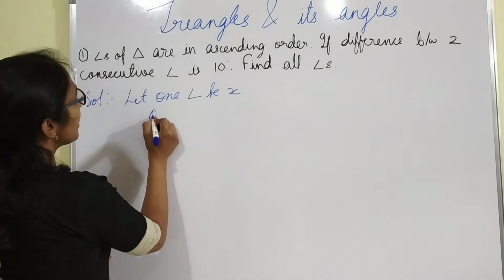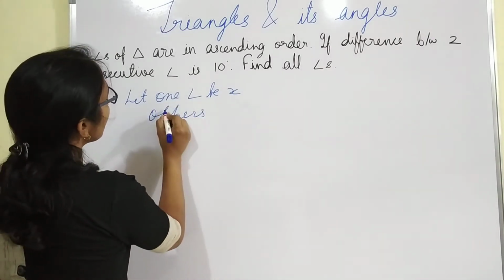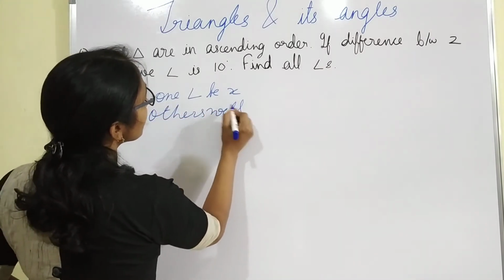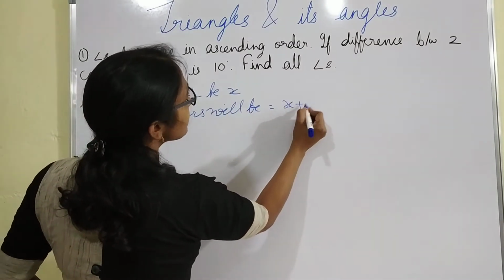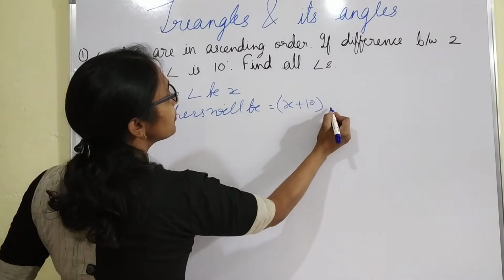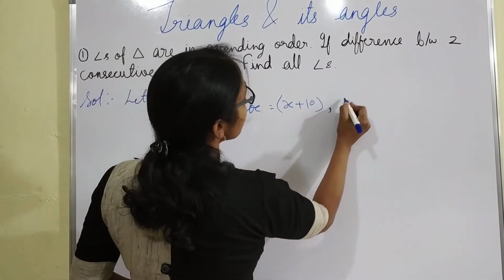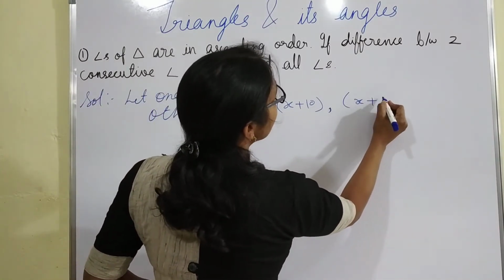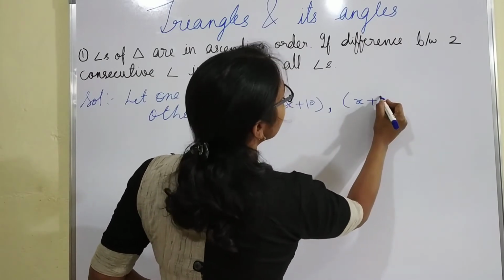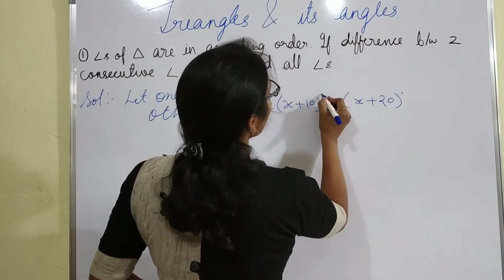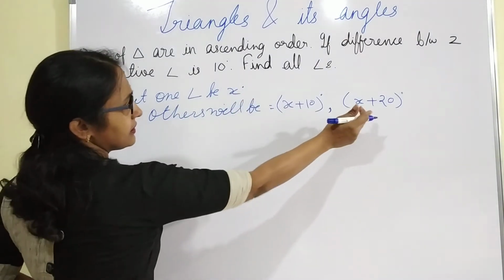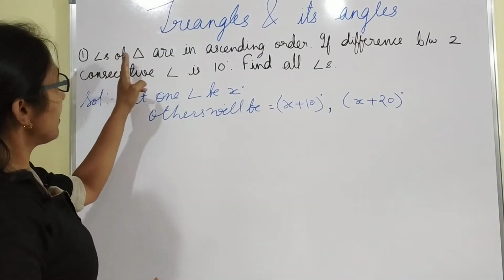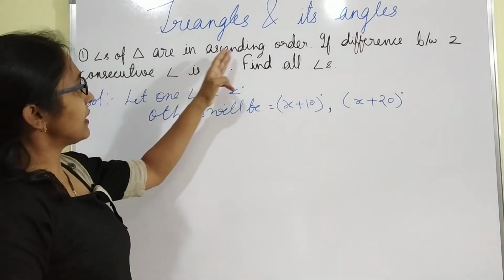So others will be x plus 10. Consecutive means continuation, and x plus 10 plus 10, that is x plus 20. Okay. So first angle is x degree, second is this, third is this. They are arranged in ascending order.